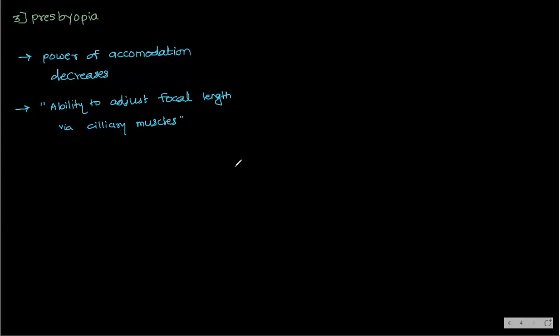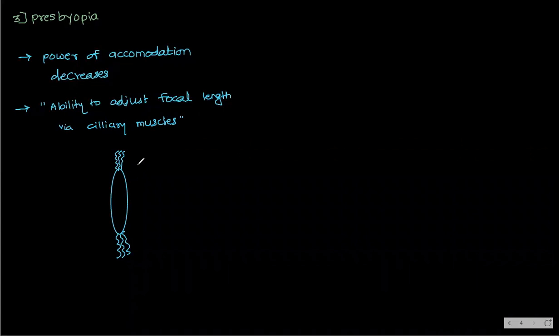Okay, means if you have seen the eye structure, so this is your eye lens, and these are the ciliary muscles. So these ciliary muscles will increase or decrease the curvature, and that's why the focal length increases or decreases.